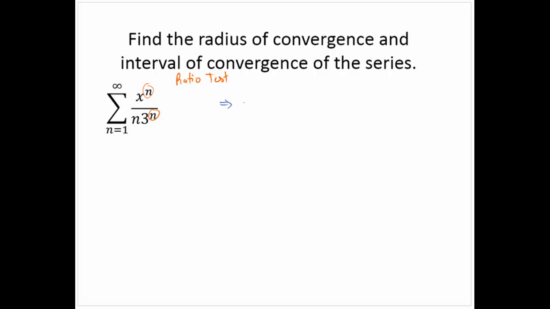Applying the ratio test, the limit as n approaches infinity of the absolute value of x to the n plus 1 divided by (n plus 1 times 3 to the n plus 1), divided by x to the n over (n times 3 to the n).